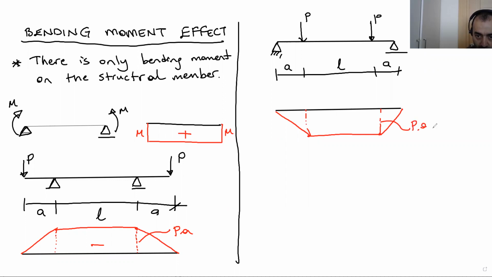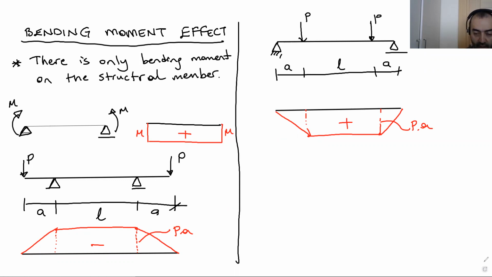You see P times A. This is a positive moment diagram. Okay. These are the simple, basic examples where we have only moment.